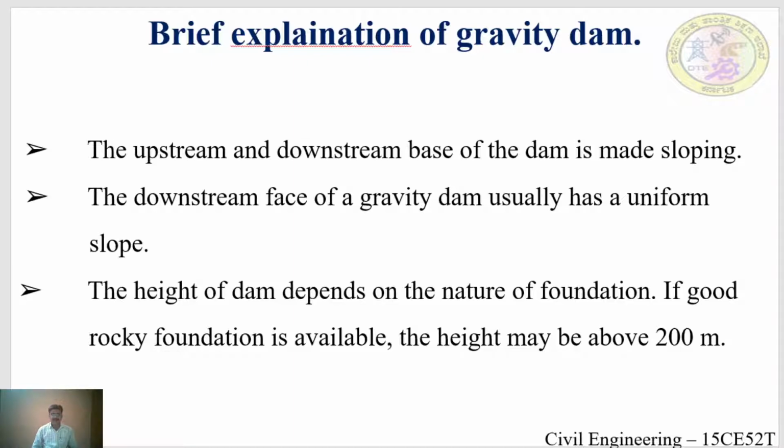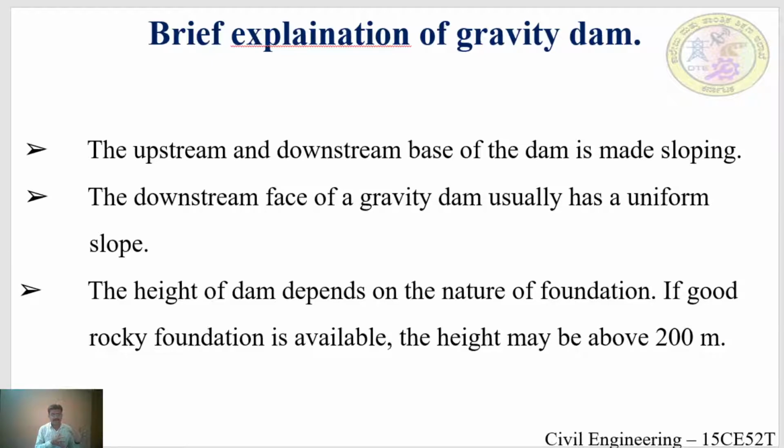The upstream and downstream faces of the dam are made sloping. The downstream face of the gravity dam usually has a uniform slope so that the water flows uniformly. The height of the dam depends upon the nature of the foundation.